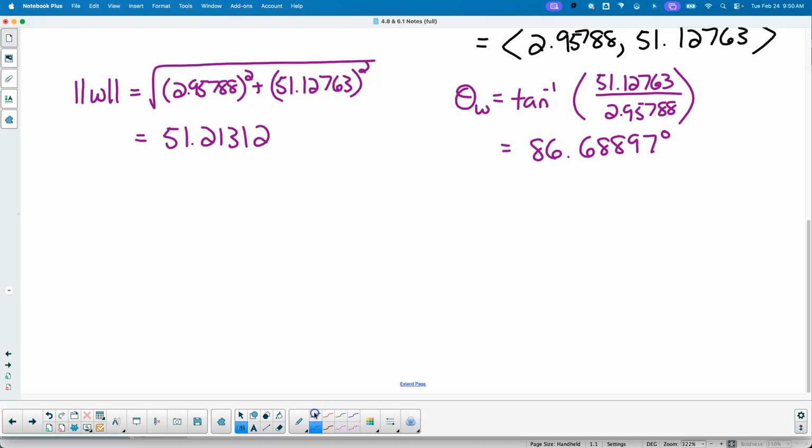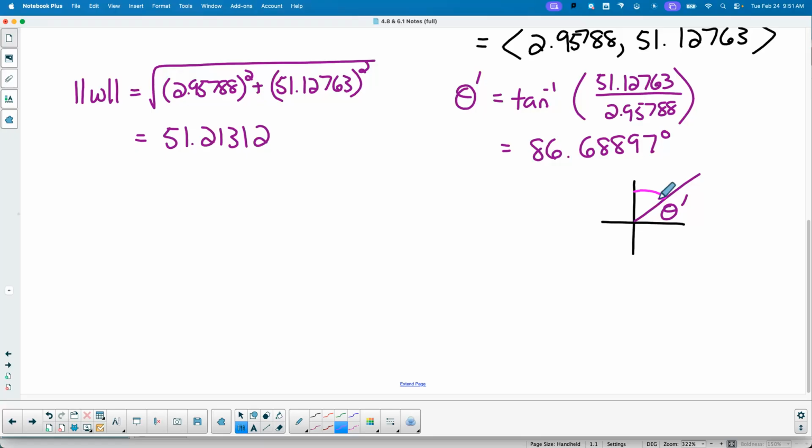This is a quadrant 1 reference angle. I'm going to change this to a reference angle just for the notes, so we can see it there. But for my answer, I need this angle right there.